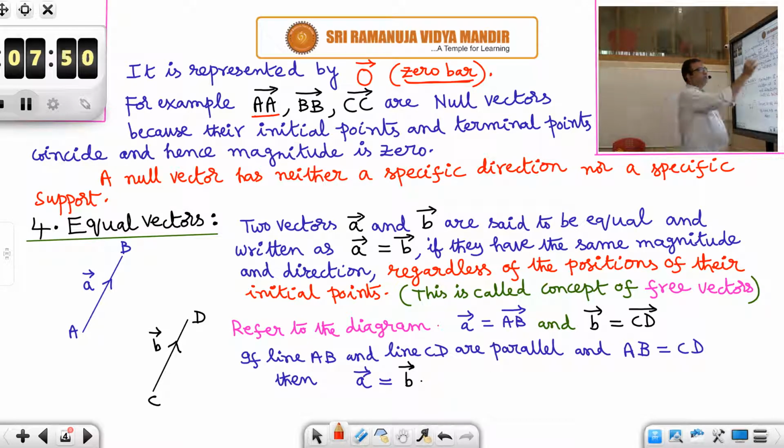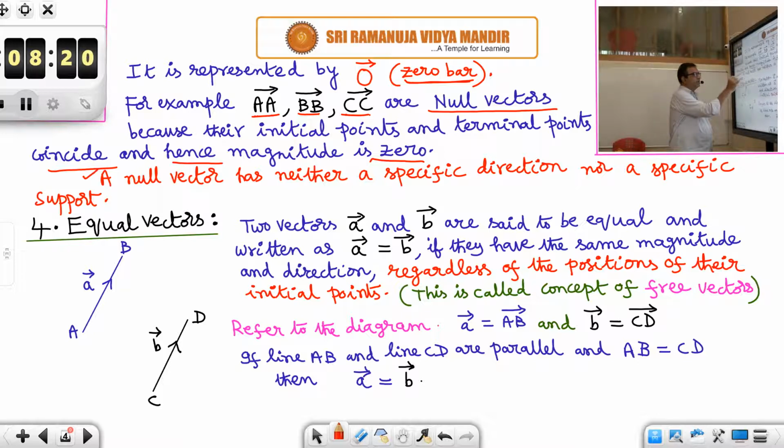So AA bar, BB bar, CC bar, where the initial point and terminal points are same, are nothing but null vectors only, because their initial points and terminal points coincide and hence the magnitude is 0. Magnitude is the distance between the initial point and terminal point. It is 0. Therefore, all these vectors AA bar, BB bar, CC bar represent only null vectors.